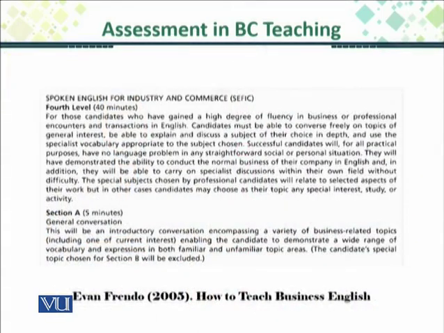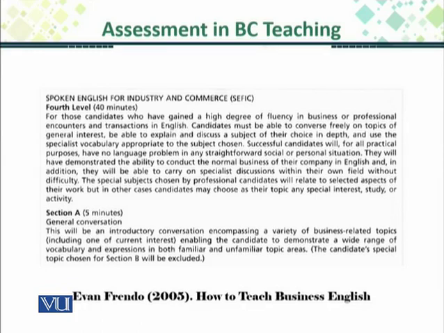Spoken English for Industry and Commerce test. At the fourth level, which is 40 minutes, the learner has gained a high degree of fluency in business or professional encounters and transactions in English. Candidates must be able to converse freely on topics of general interest, be able to explain and discuss a subject of their choice in depth, and use the specialist vocabulary appropriate to the subject chosen.